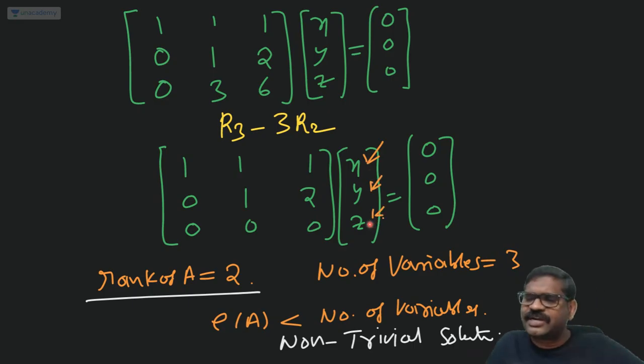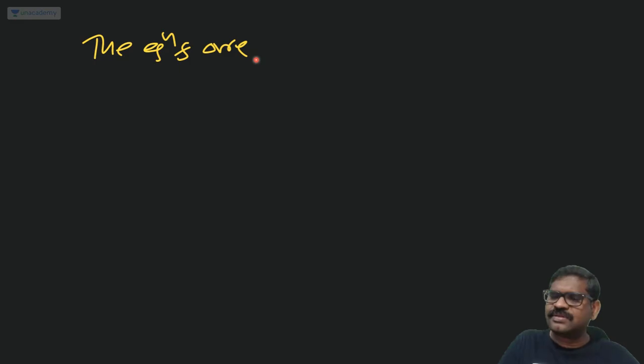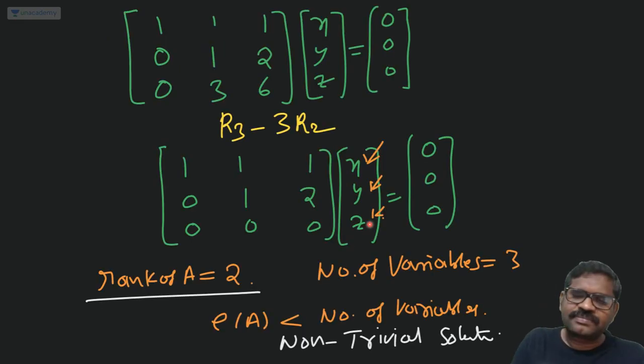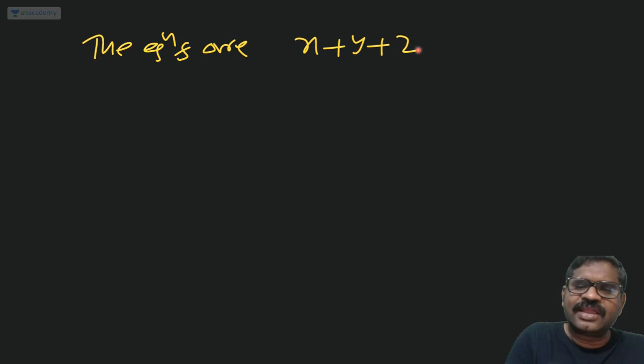x, y, z are called variables. The equations are x plus y plus z equal to 0.